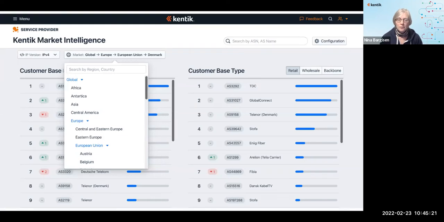If your monitoring is then showing you're not quite getting what you want from your transit provider or from your peering, how can you find a better transit provider? We have just launched the market intelligence tool, and this is a tool where you can see which service providers have the biggest reach, or which service providers cover most of particular geographical areas, if that is what you are interested in.